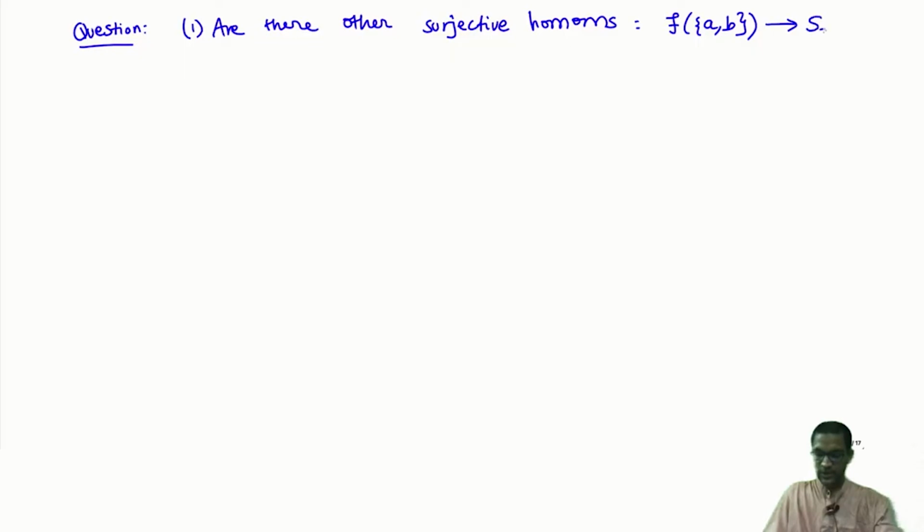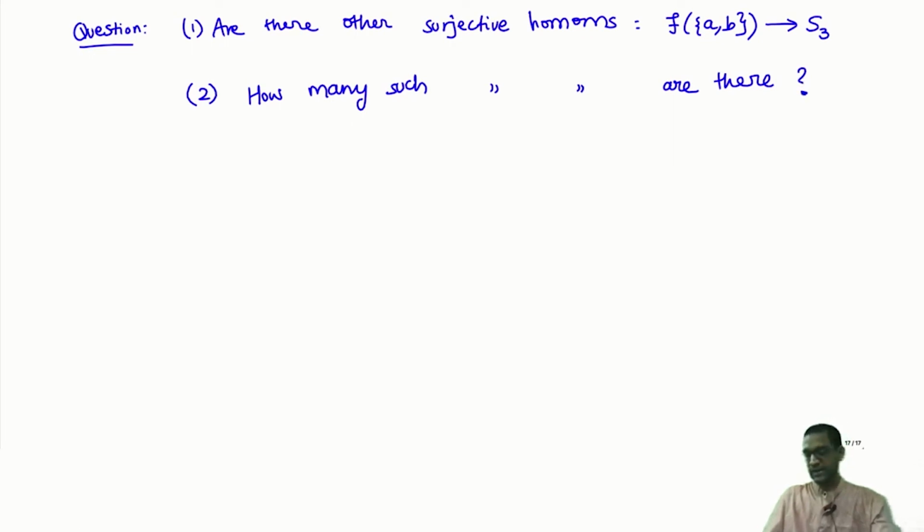We constructed one, but are there other ways of constructing them? And a related but slightly harder question: how many such surjective homomorphisms are there? It's a finite number. There are only finitely many of them. Your task is to try and find out exactly how many there are. Okay, we'll stop here.